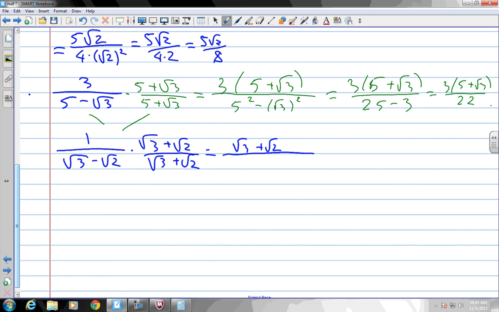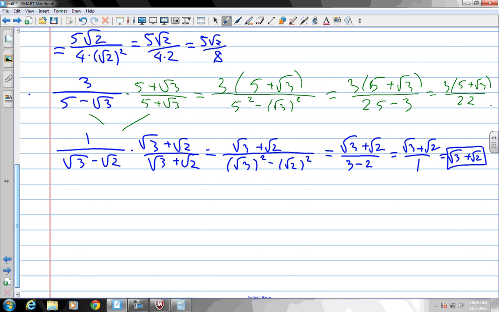While in the denominator, it is square root of 3 squared minus square root of 2 squared. Yeah? Which is just 3 minus 2. Which is 1. So this is square root of 3 plus square root of 2 over 1, which is just square root of 3 plus square root of 2.